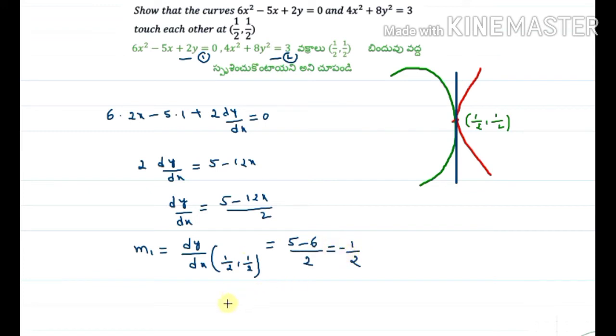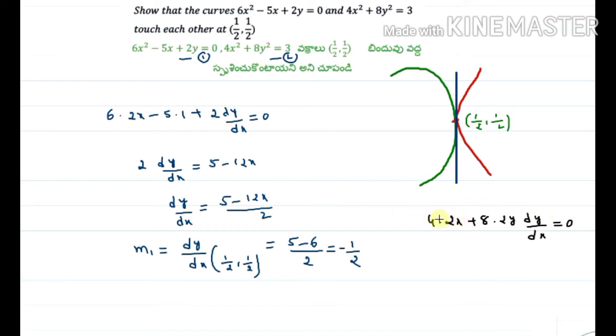To get m2, differentiate the second curve with respect to x on both sides. So again that is 4, x square derivative is 2x, plus 8 constant, y square derivative is 2y, dy by dx is equal to, derivative of constant is 0. So overall I can cancel the constant terms here.